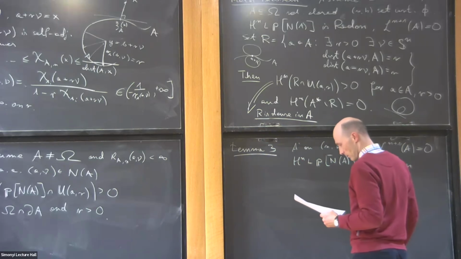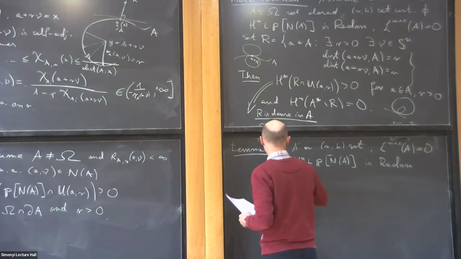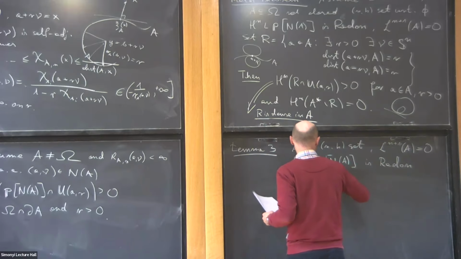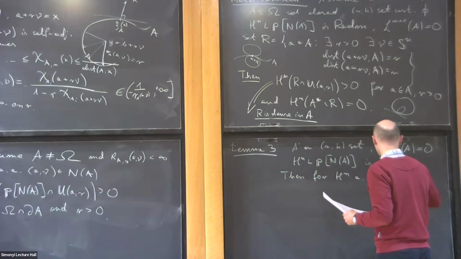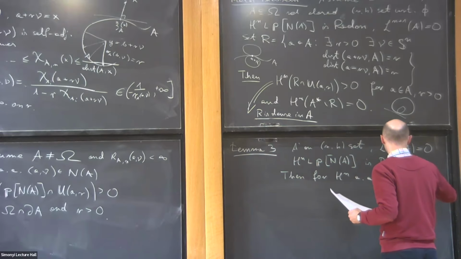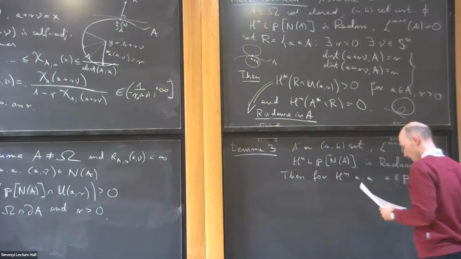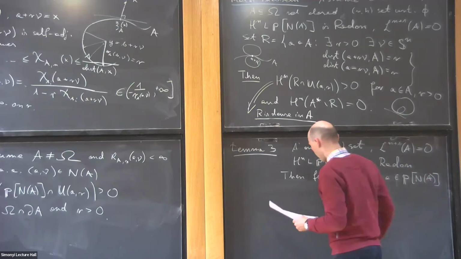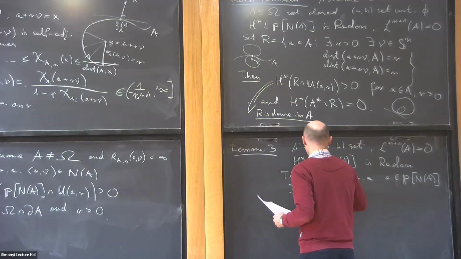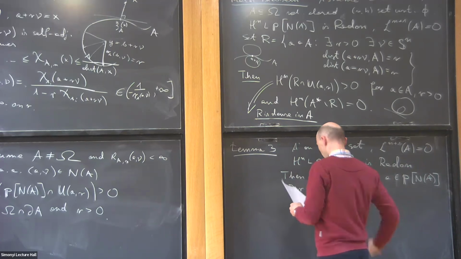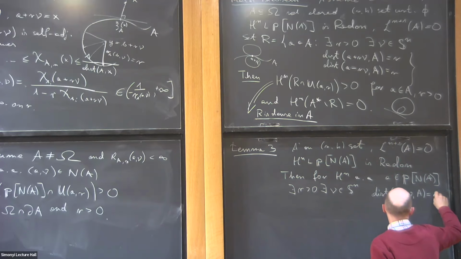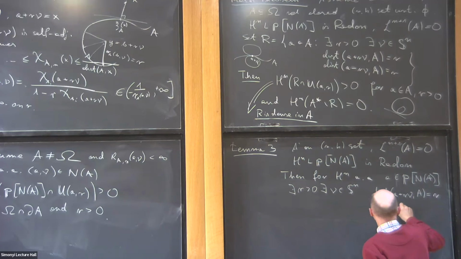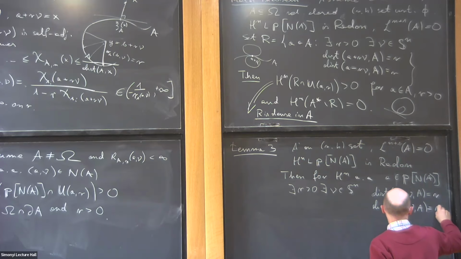Then for Hn almost all A in this set, there exists an R positive and there exists a normal vector such that we have these two things.